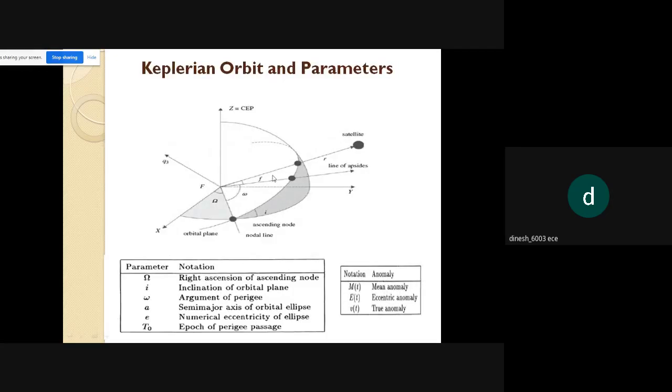So 2 factors. Then we have the omega. We draw a reference line which is perpendicular to the satellite's positioning. The angle difference is taken as omega, and this angle difference is the right ascension of ascending node. We can calculate all these things: the mean value, the eccentric value, and the true value, by using Keplerian orbital parameters.